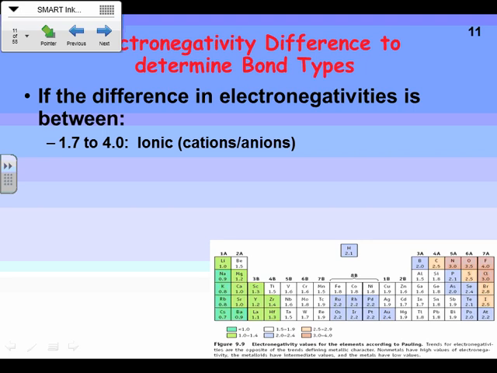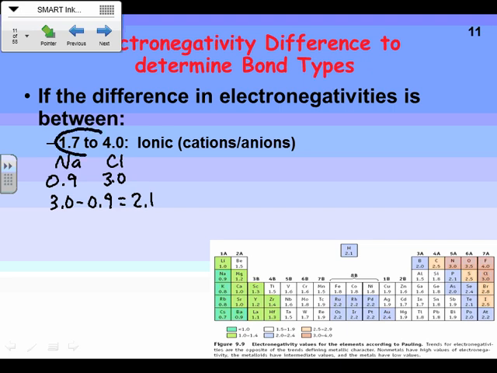So an example, again, I used NaCl before. Na has an electronegativity of 0.9. Cl has an electronegativity of 3.0. So if you take 3.0 minus 0.9, you're going to end up with 2.1. Okay?